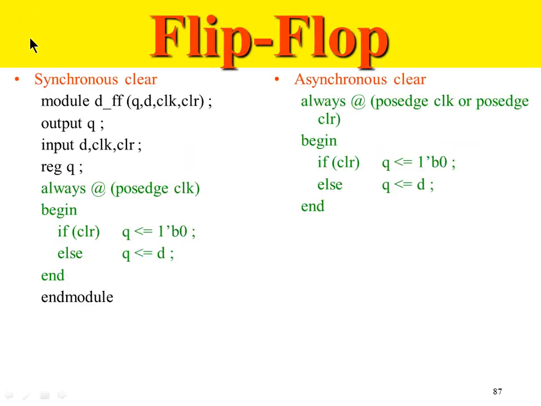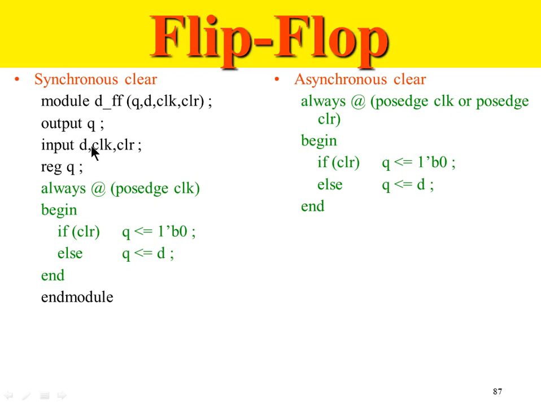Now these are examples of synchronous clear and asynchronous clear. Synchronous clear means the clear is also synchronous with respect to clock, because clock is my common signal. Module D flip-flop, Q, D, clock and clear. This is my port list. Q is the output port, single bit.